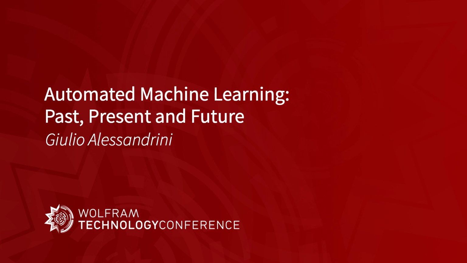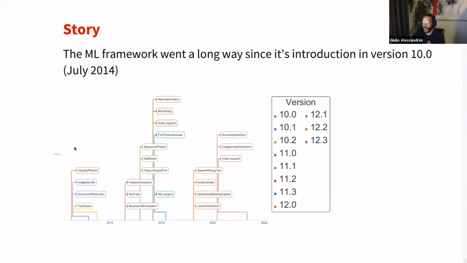Okay, let's start. So I went back to the documentation, because I wanted to have a look at how our machine learning story developed over the years, and something I never knew, but some others are interesting.